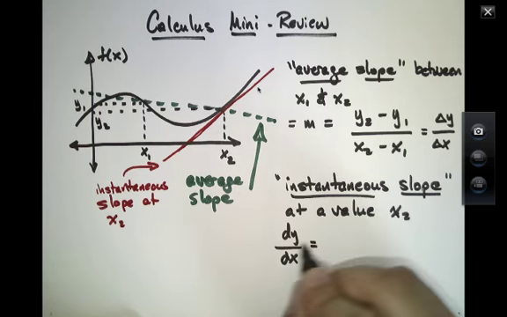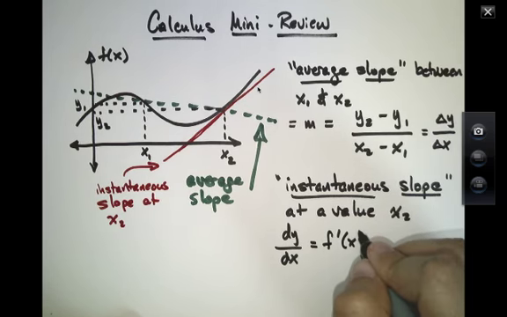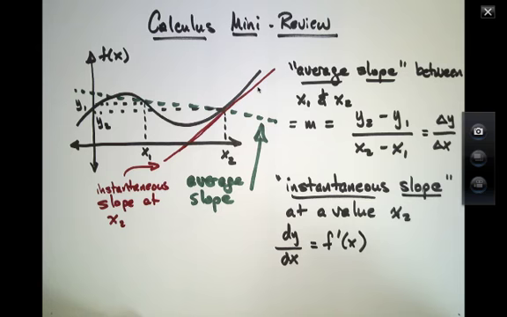You might sometimes receive the ratio dy/dx written as the derivative of the function f of x, and the derivative is sometimes written with a little prime. And if we want to know the instantaneous slope, we have to know the instantaneous slope at a certain location, like x2.